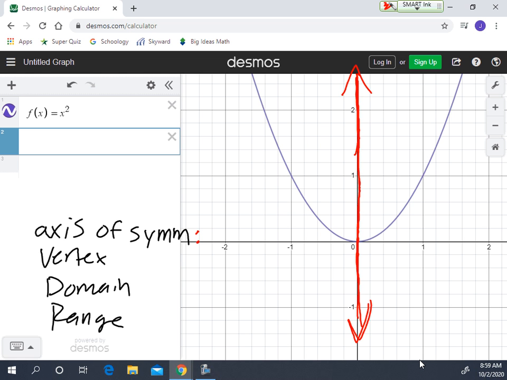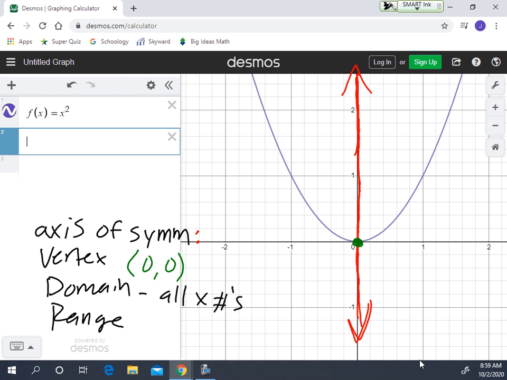What's our vertex? Our vertex is the highest or lowest point of the graph. In this case, it's the lowest point, and that's right at 0, 0. Our domain is all x numbers.